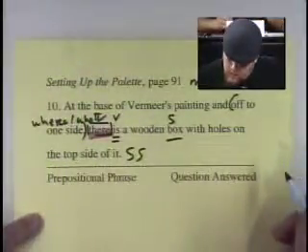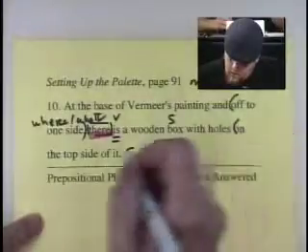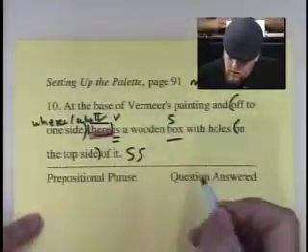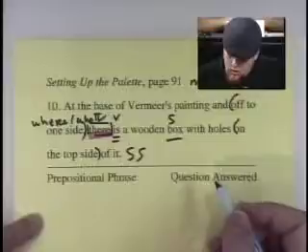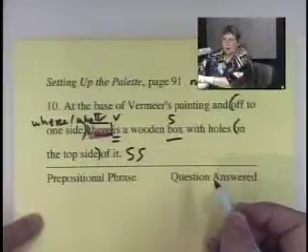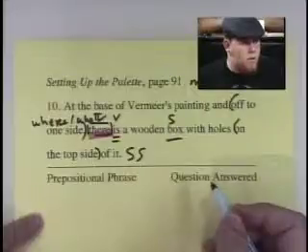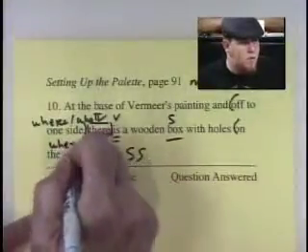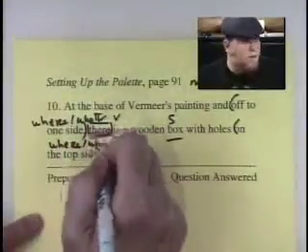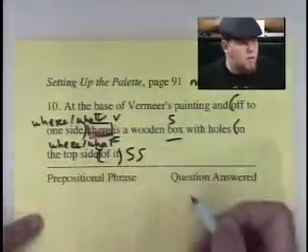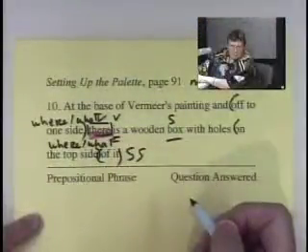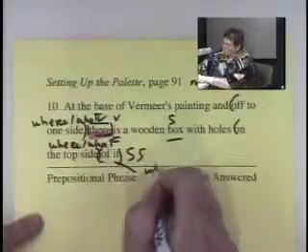On the top side, let me back into that one again, is a wooden box with holes on the top side. And that's going to answer Where? Where, or What? And then of it. Of it definitely answers What?